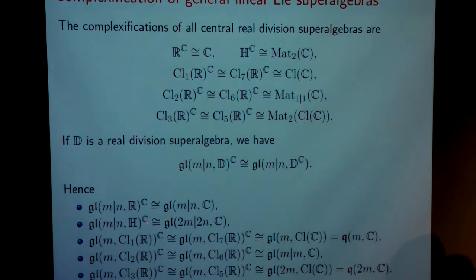So GL(M|N), whose entries are 2 by 2 matrices, is the same as GL(2M|2N). Similarly here, you take C\ell_2 over R, you complexify, that gives you 1|1 by 1|1 matrices. Well, GL(M), whose entries are 1|1 by 1|1 matrices, gives you GL(M|M). Right? So you can just see what all these complexifications are. So you see you get real forms of either the general linear or this isomeric superalgebra, which are the only two possibilities over the complex numbers.